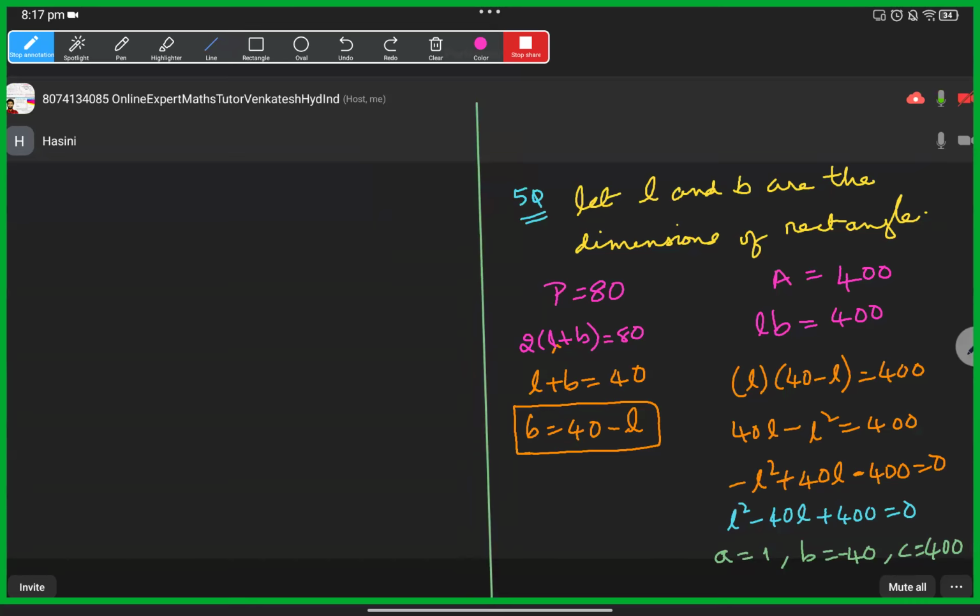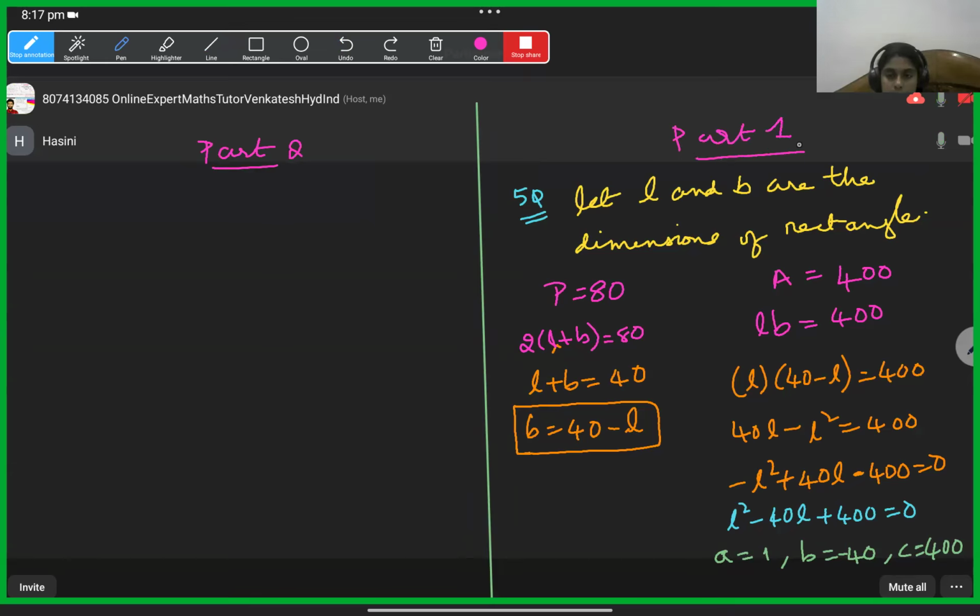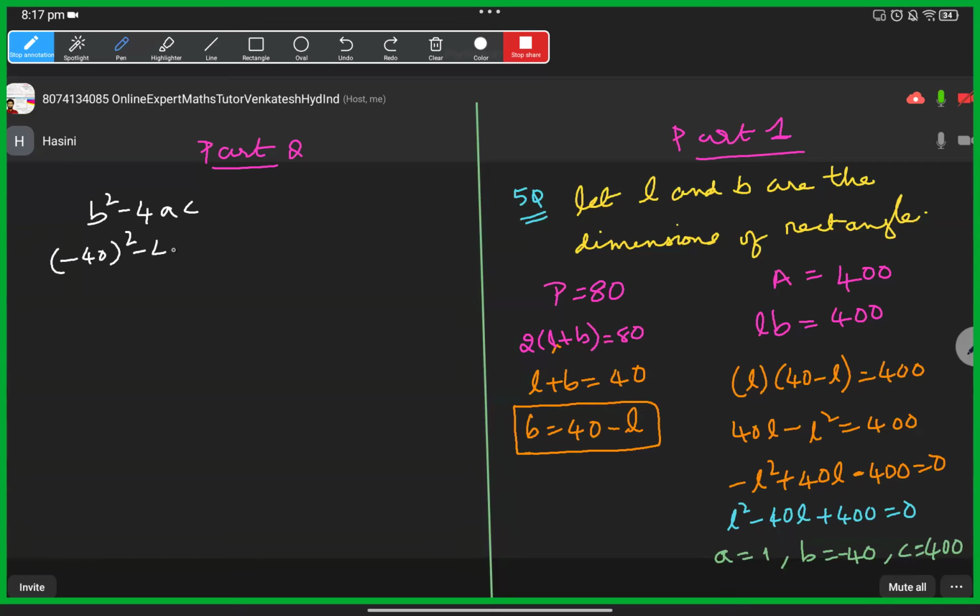First, I'm finding out b square minus 4ac, which is minus 40 square minus 4 into a is 1, c is 400, which is 1600 minus 4 into, or else I'll do it in the next step.